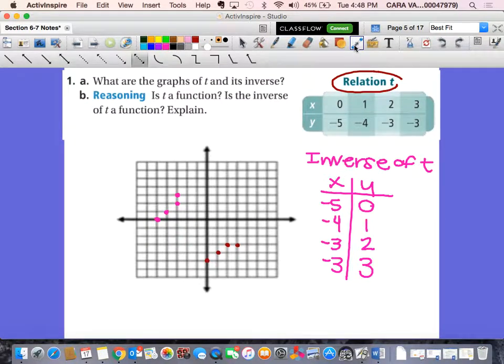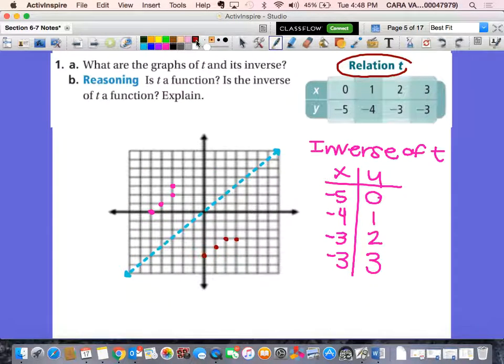And again, you don't have to do this, but I'm going to just put that line y equals x, so that way we know we got the inverse correct. Now, that's problem 1. I graphed the relation and its inverse.